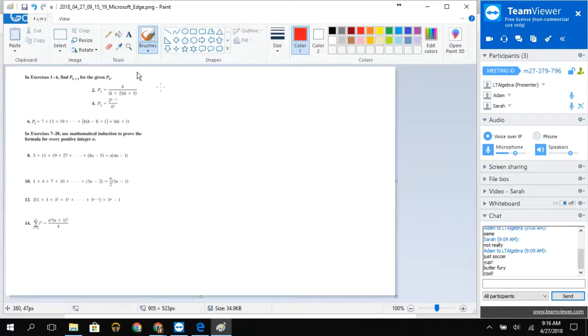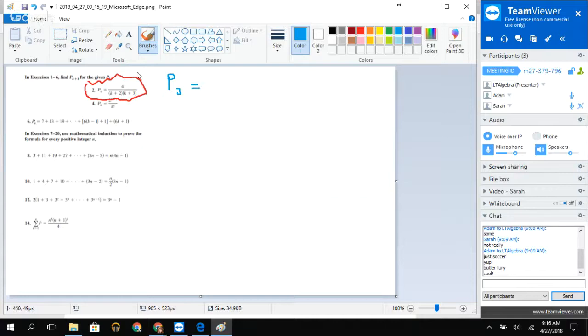So for example, if I take number 2 here, okay, see if I still remember how to draw on a computer. All right, if I take number 2 here, this is basically saying that if I wanted to find for this series of numbers what p sub 3 is, right?